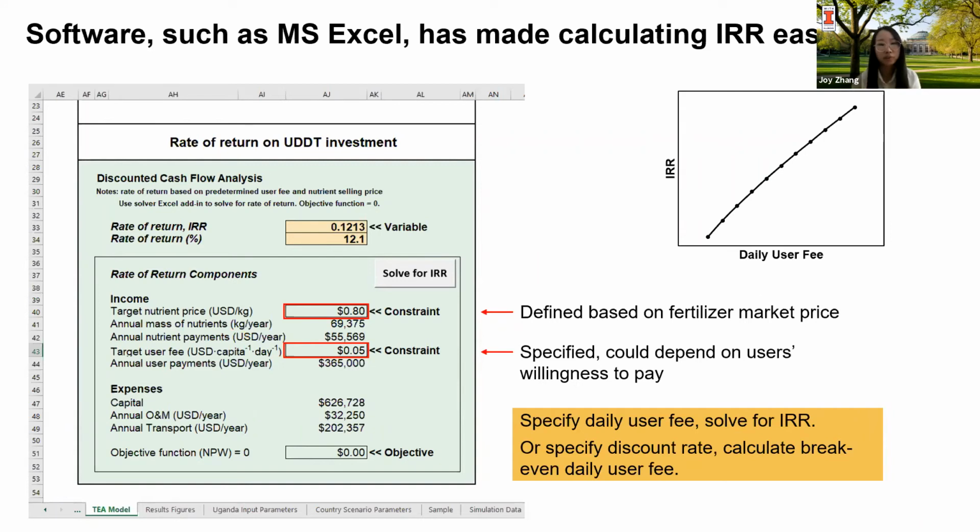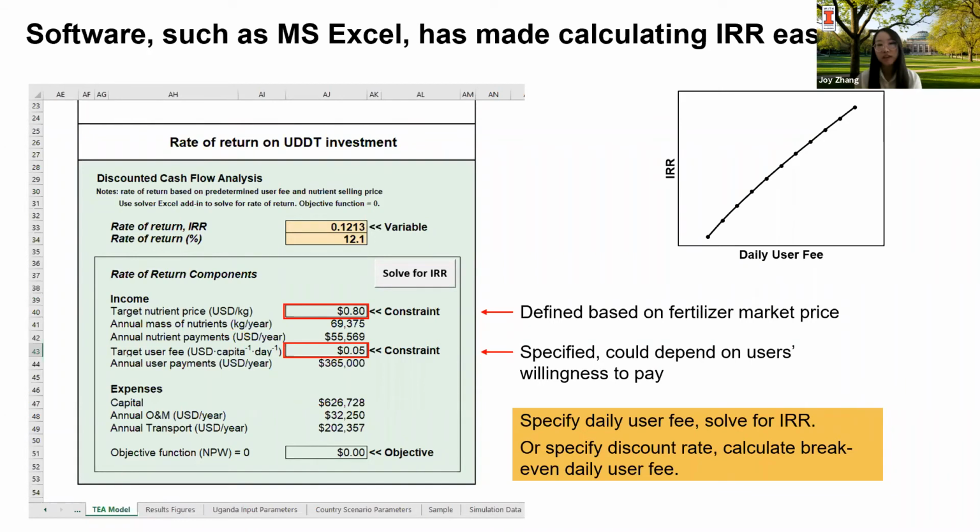I want to clarify that these 2 variables are not the same as the ones we tried to solve for. In previous analysis, these 2 were the metrics we solved for. We fixed the discount rate and other parameters to solve for a daily user fee or a nutrient price so that the project can break even on the cost of the project.